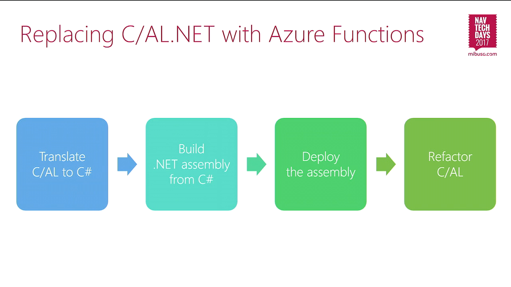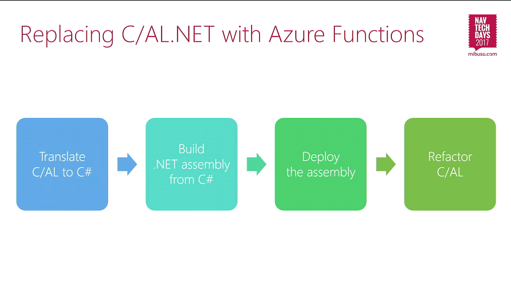But if you have it in CAL.NET, it is worthless. So you will not be able to use all of those variable types anyway. So first step is create a new solution, put your C# code in there, translate your CL into C#, then build it, then deploy that, and then refactor your CAL to actually use the Azure function that you have created.